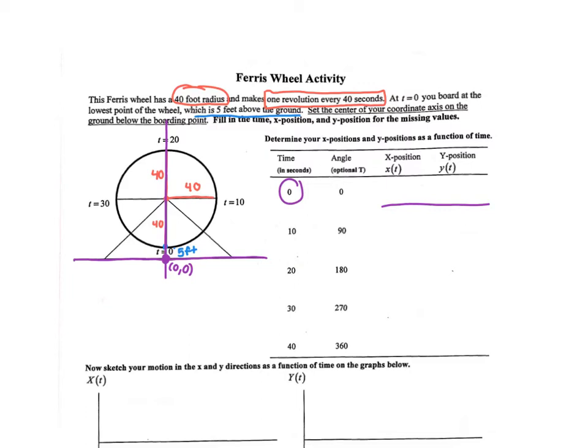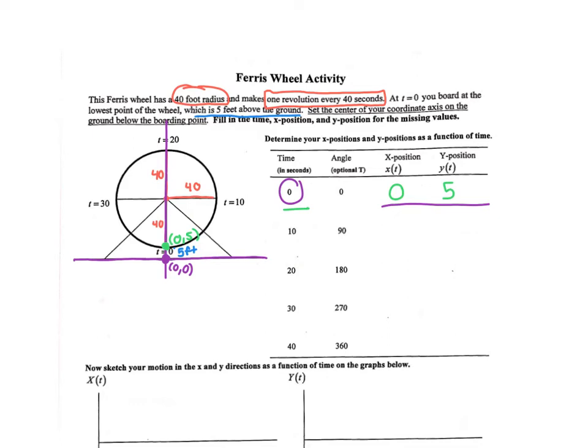Keep in mind that at the point 0, 0, at a time of 0, this is when you're actually boarding the Ferris wheel. If you consider this point as an ordered pair, you're 5 feet above the ground, but you're at a horizontal distance of 0. So this is going to be the point 0, 5, which means that at 0 seconds, your position is at the coordinates 0, 5.